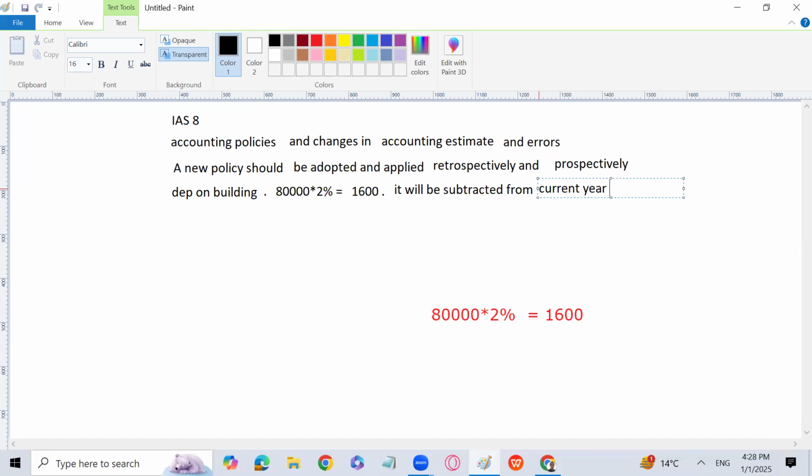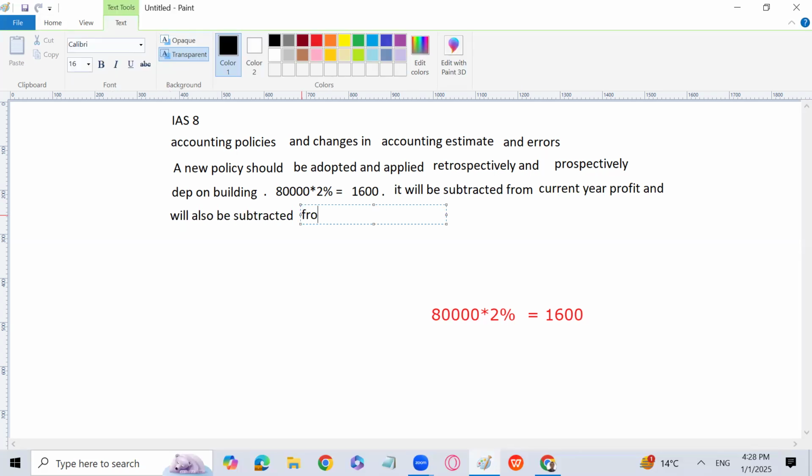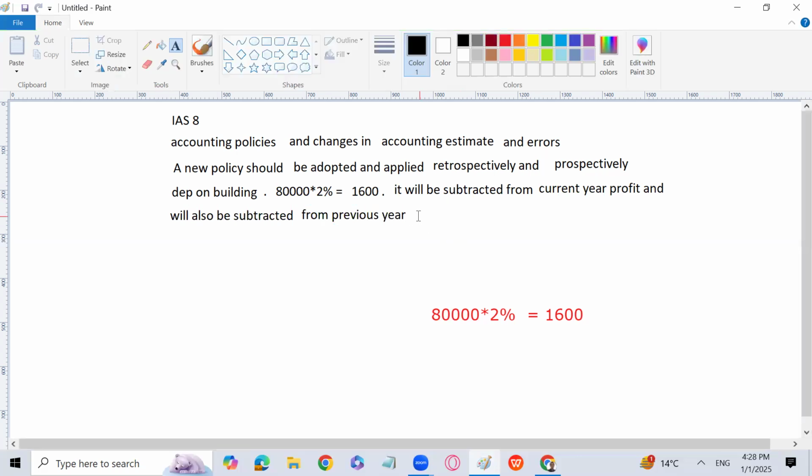And it will also be subtracted from previous year retained earnings.